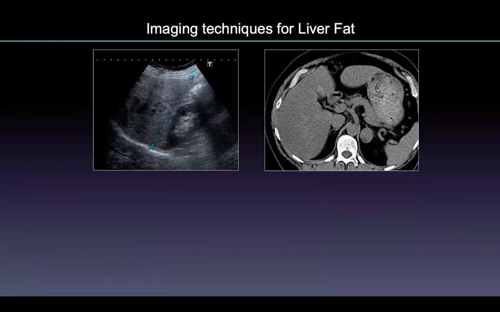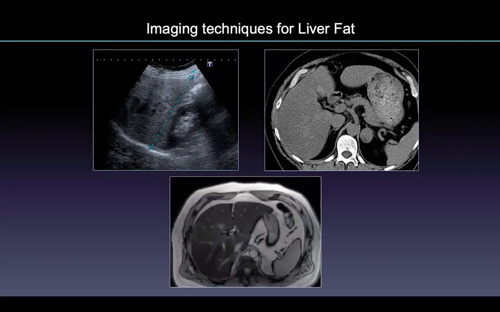And we know that imaging techniques can recognize fat, for example, non-invasively. However, in the case of fat, either ultrasound or CT are generally accurate only in the detection of moderate and severe steatosis, and they are not useful for iron quantification.